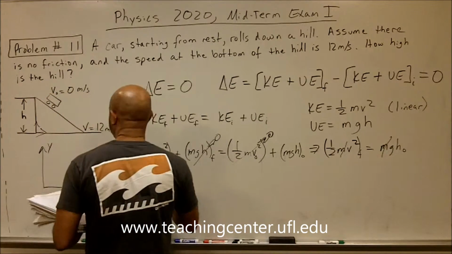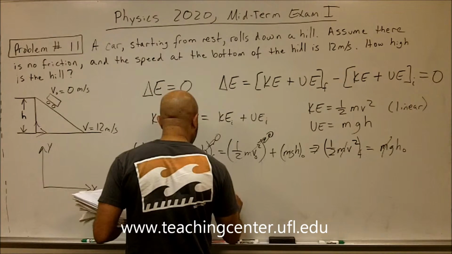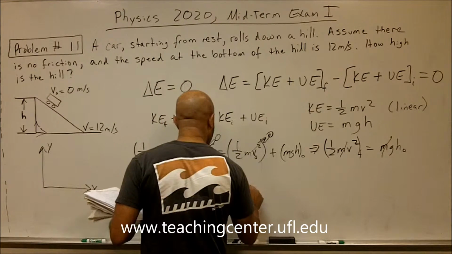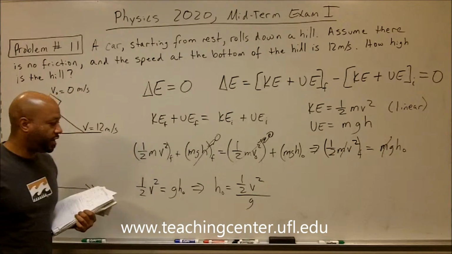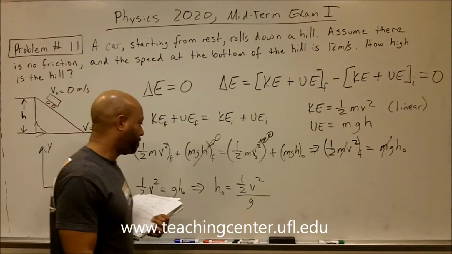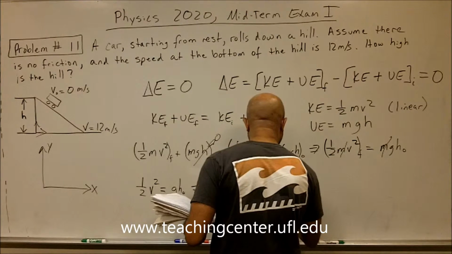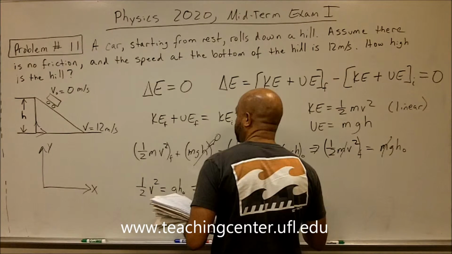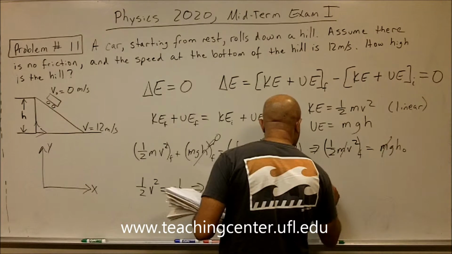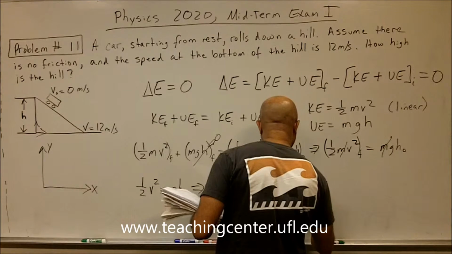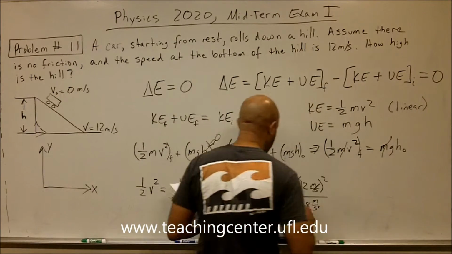And since we want to solve this equation for the height, we know that the height is going to equal 1/2 times your final velocity squared over gravity. So we now substitute in the information, so we get 1/2 times the velocity, which is 12 meters per second, squared, divided by 9.8 meters per second squared, okay?